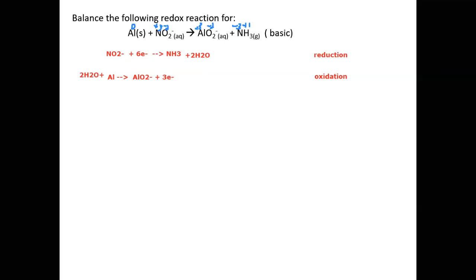We have 7 hydrogens, so we need 7H plus on this side. And we have 4 hydrogens, so we need 4 hydrogens on this side. Now we need to balance the electrons. So this is 6 and 3. We need to multiply this one by 2. And we get, so let's write the other one.